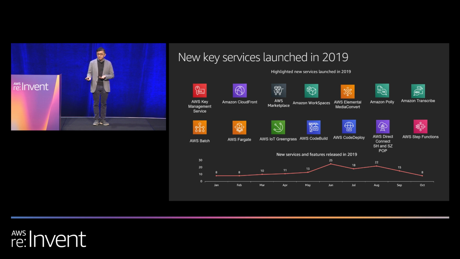We launched KMS, CloudFront, WorkSpaces, Marketplace, and many others that you see on the chart. We are really accelerating the deployment in China based on customer feedback. We are seeing tremendous adoption of our services in China, and the company continues to invest resources to make sure that we can keep up with the demands you are expecting of us.